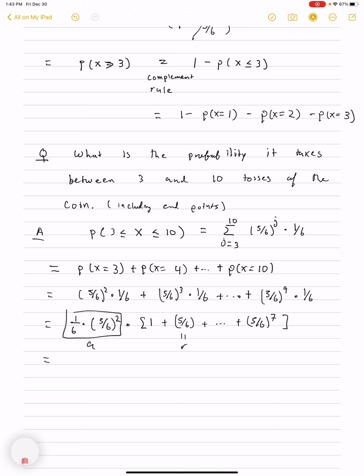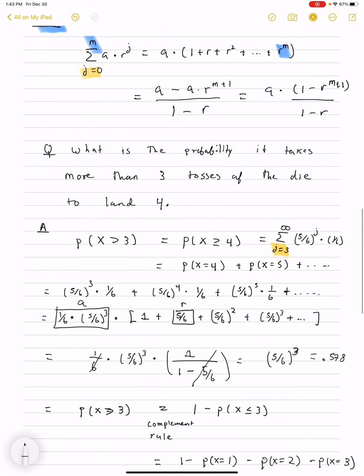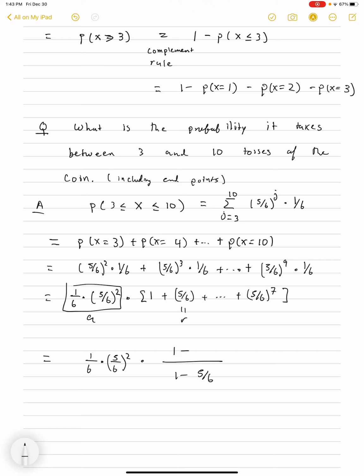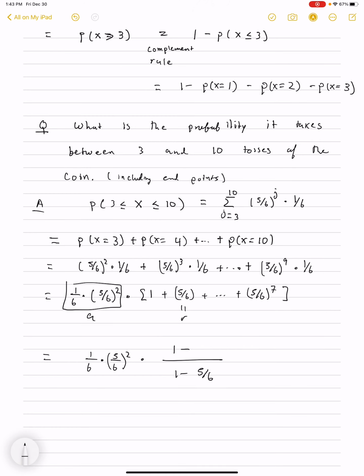So let's rewrite this. We'll get 1/6, which is A, 5/6 squared, times 1 minus R, that's 1 minus 5/6. We need to look at that formula one more time. 1 minus R to the m plus 1. Now, you might ask yourself, what's m? So we'll just need to make sure we know what that is. This will be 5/6, and we just need to figure out what power goes there.